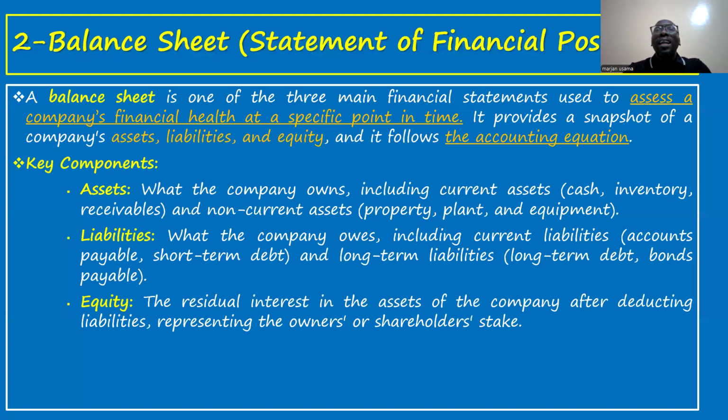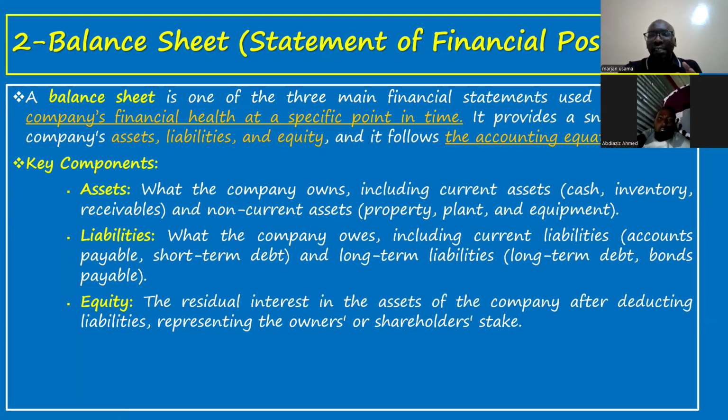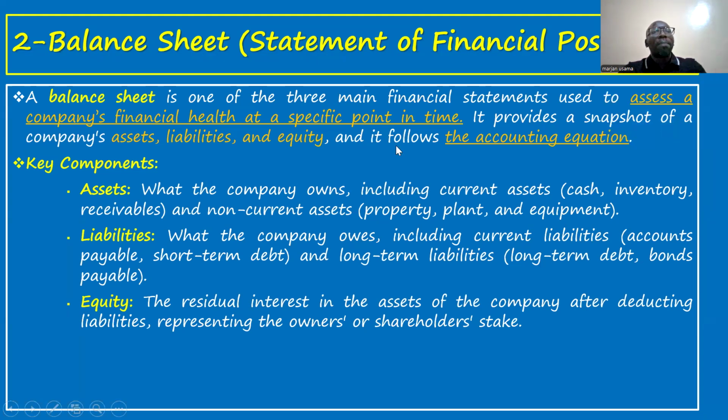From your balance sheet, somebody can easily know that your business is doing well or your business is not doing okay. So it provides a snapshot of a company's assets, liabilities, and equity. And it follows the accounting equation.